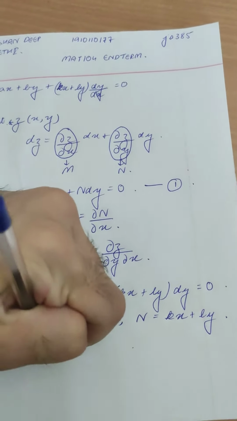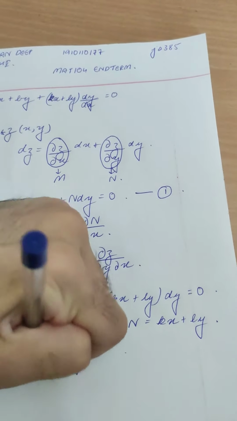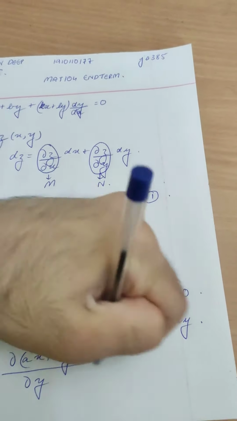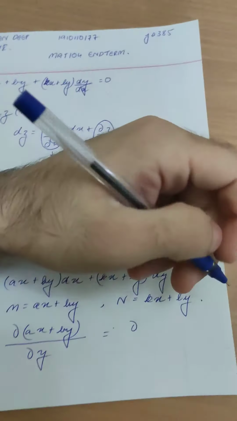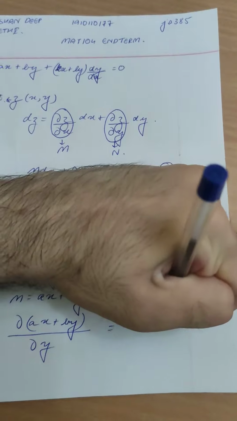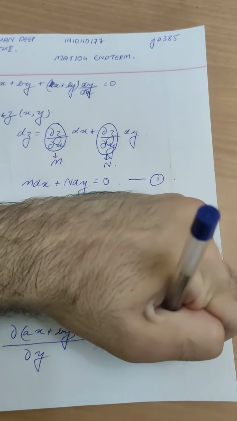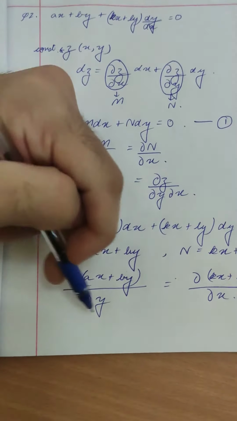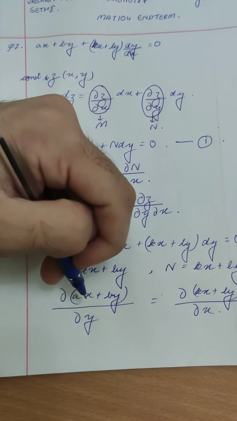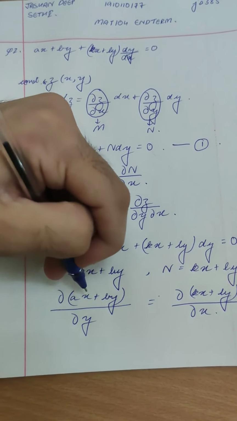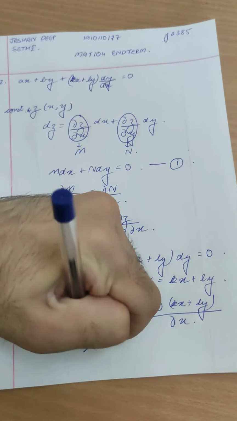So the partial differential of ax plus by with respect to y should be equal to the partial differential of kx plus ly with respect to x. Now on the left hand side, since it's a partial differential with respect to y, the ax term would become 0 since it's a constant, and the by term would simply give us b.